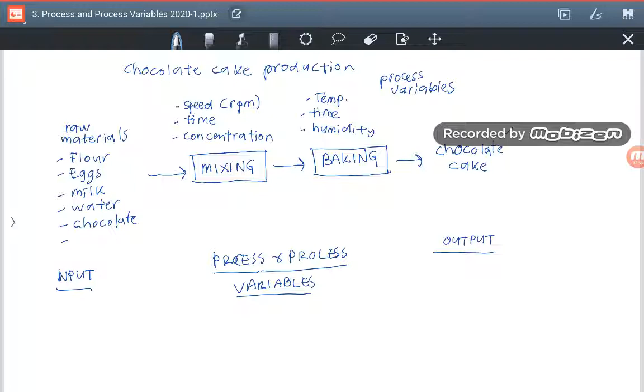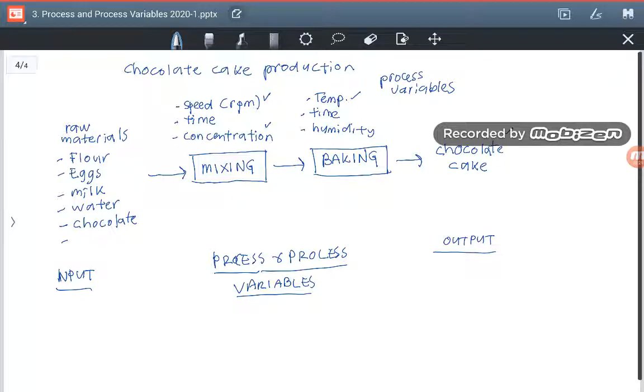We need to know what the specific temperature is and how to convert from one temperature to another, and the heat distribution and so on. And also in terms of speed, the rotation per minute, and how it's going to impact the ingredients that we mix. And also the concentration and so on.